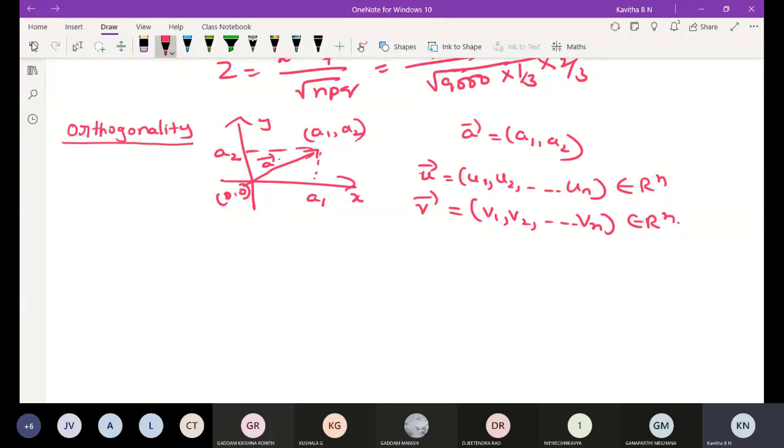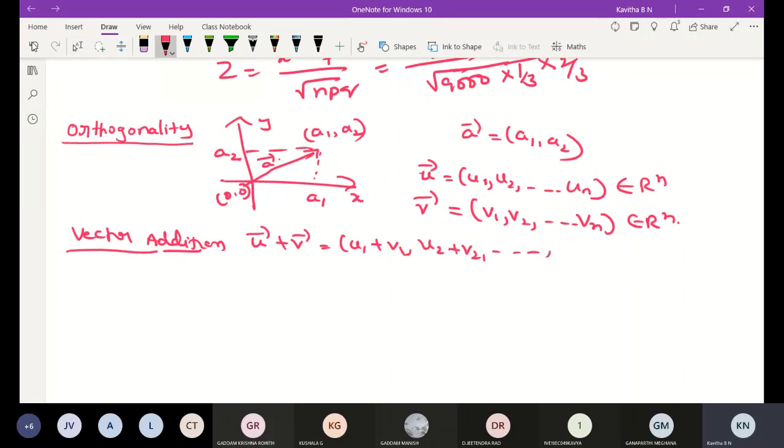Then vector addition: U vector plus V vector is equal to U1 plus V1, U2 plus V2, and so on, Un plus Vn.